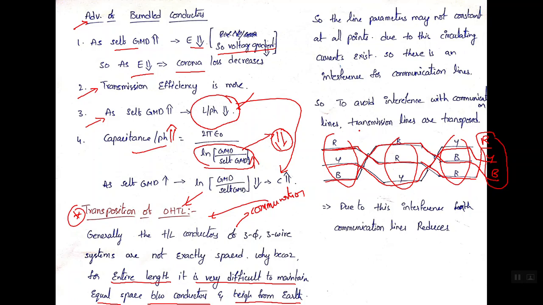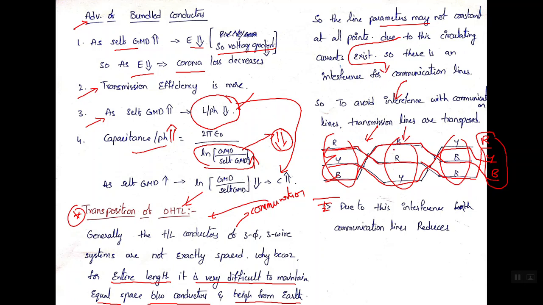So the line parameters, that is L, C and R, may not be constant. Due to that, circulating currents may exist, and there is interference for communication lines. To avoid this interference with communication lines, we use transposition.